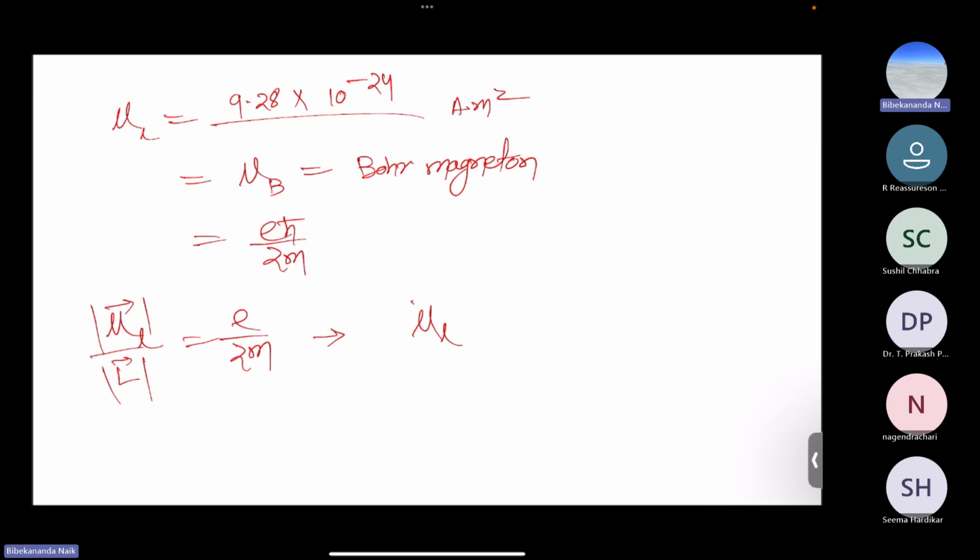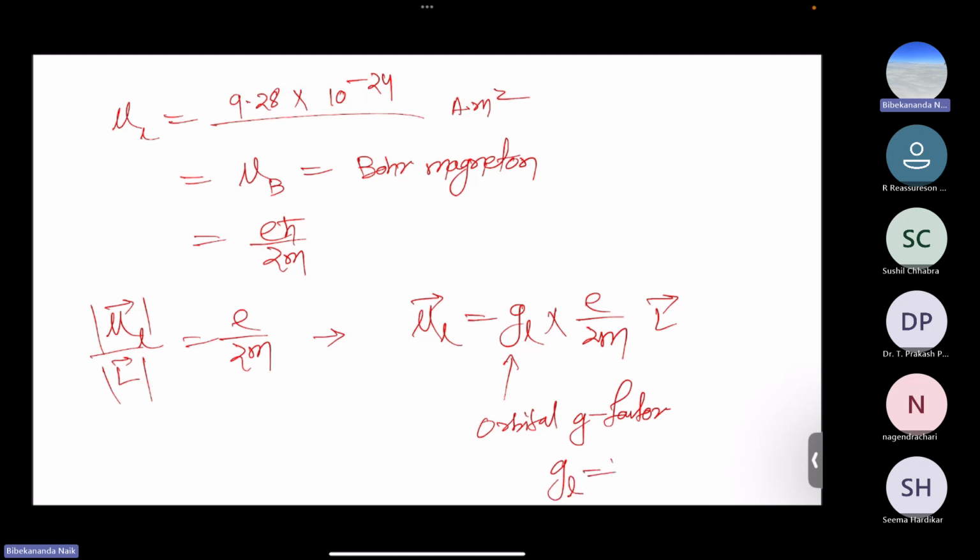Now we can also write mu L vector is equal to gL into e by 2m into L vector, where g is the orbital g factor, and gL is 1. Similarly, for the spin moment, mu S will be gS into e by 2m into S vector.